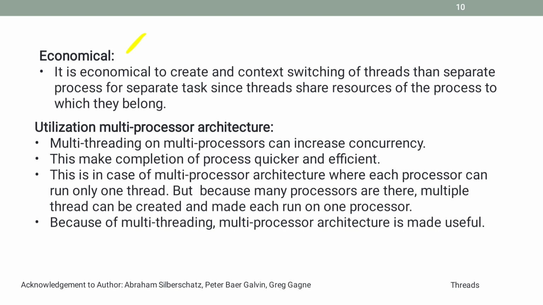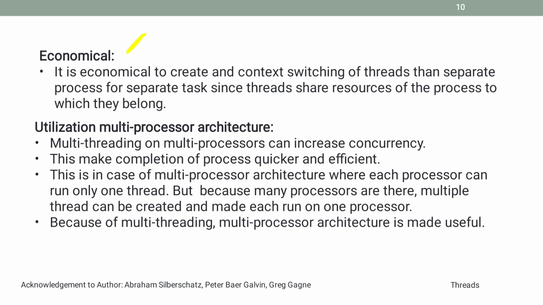But if multiple threads are created in one process, then multiple tasks can be done by sharing the resources of the same process, only one process. Now instead of three processes for three tasks, only one process is created. In that one process, three threads are made to run. Each thread will be doing one task, hence three tasks by the same process. Now the same code, data and file section will be shared by all three threads.